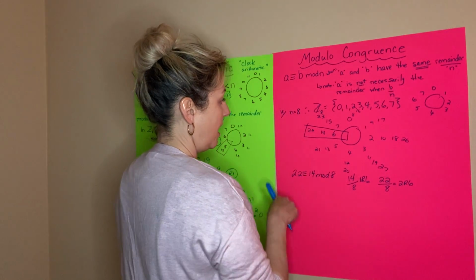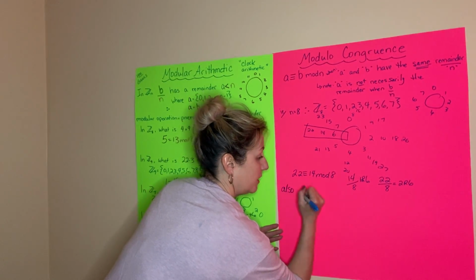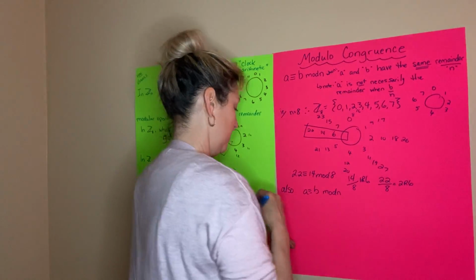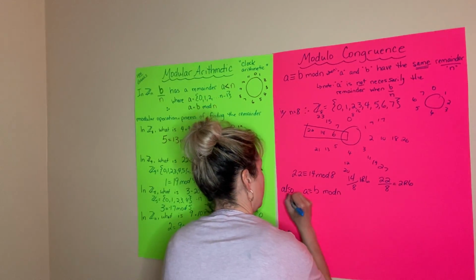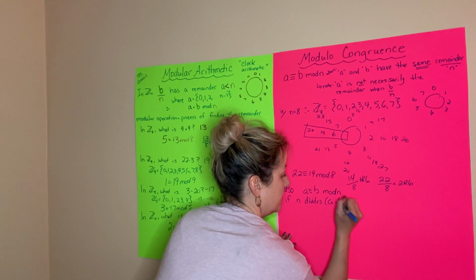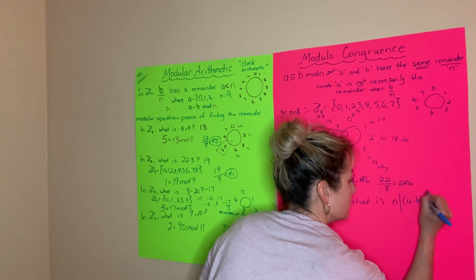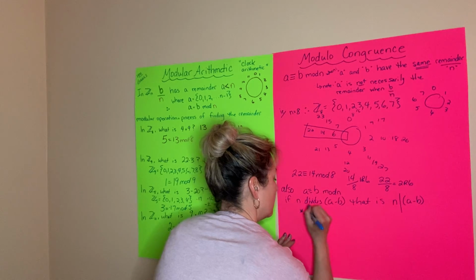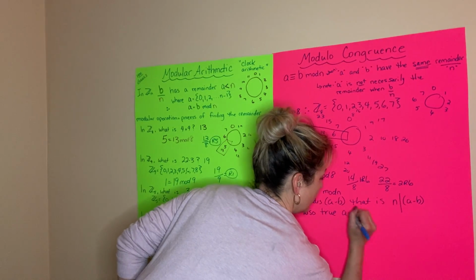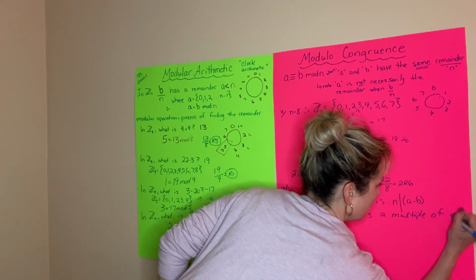So 22 and 14. I also want to write here that if A is congruent to B mod n, then n divides A minus B. That is also true: A minus B is a multiple of n.